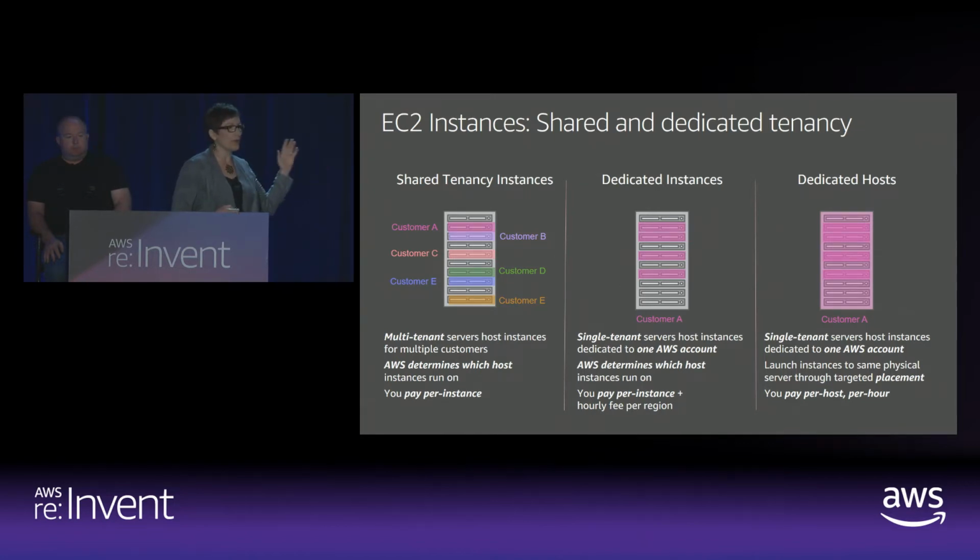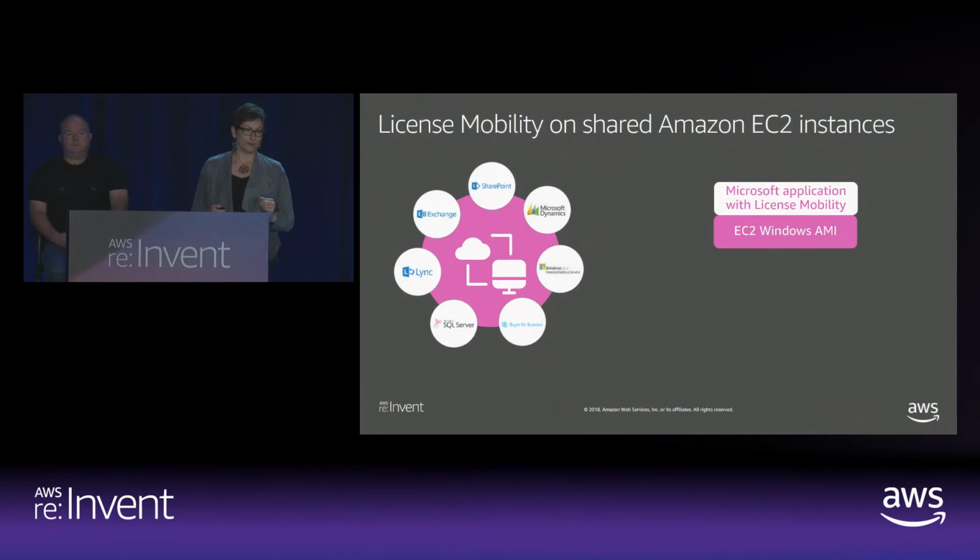So now that we've gone through the differences between shared tenancies and dedicated tenancies, let's see what this means with regards to bringing your own Microsoft licenses to AWS. If you have a Microsoft Enterprise agreement, then you probably are paying software assurance for a lot of your licenses.